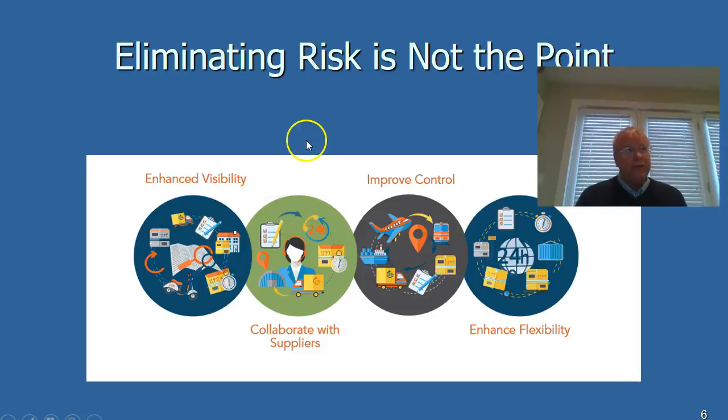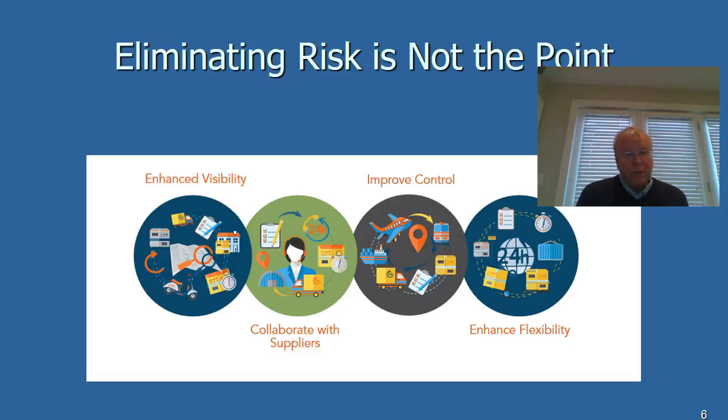So the issue, and I'll restate this many times, is not eliminating risk. It's not possible because of things like black swans. You cannot eliminate risk. What you have to do is mitigate risk, and that's what this is all about.